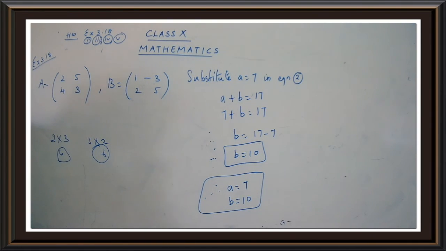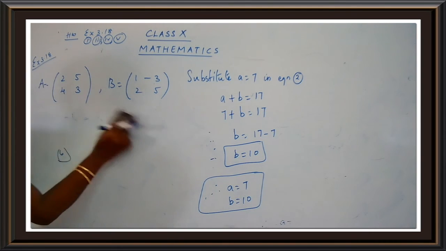Sometimes we may get the same answer, sometimes a different one. Generally, AB may not be equal to BA. It depends upon the numbers.